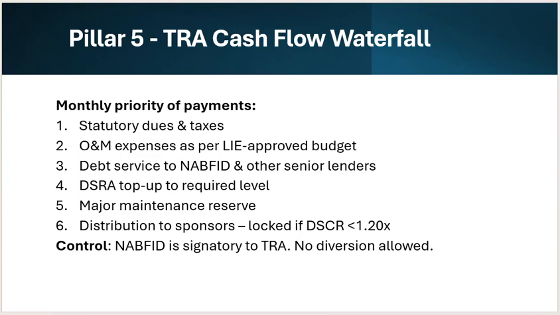If an uncertain event happens, we will pull funds from the major maintenance reserve account and utilize them. And NABFID is the signatory for the trust and retention account. No diversion is allowed from the trust and retention account. This is the most important thing, guys, you should understand in detail.